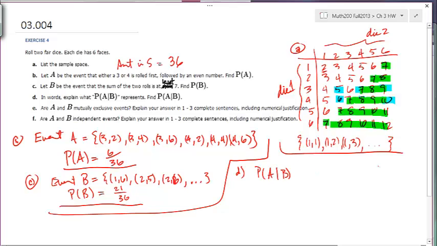So this is the probability that we roll the event A, that we roll a 3 or 4 with even number.